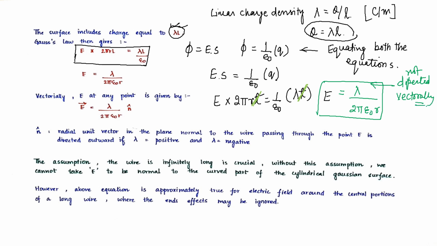So how do we do the vector depiction? E vector equals lambda upon 2 pi epsilon naught R into n cap. This is not n cap, this is r cap.